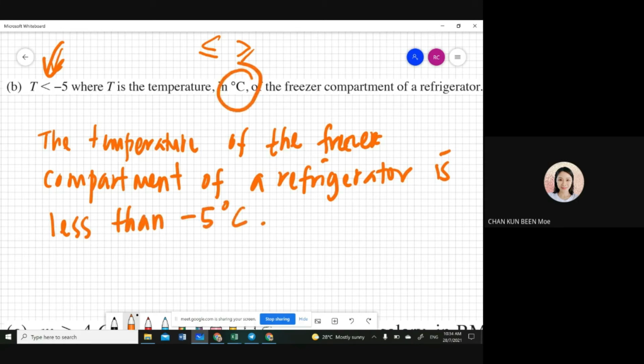So in the situation, you have to write down all the units given now, right? Okay, it's not the same as when you get the linear inequality just now. Understand, class? Yes. Okay, let us proceed to question C here.